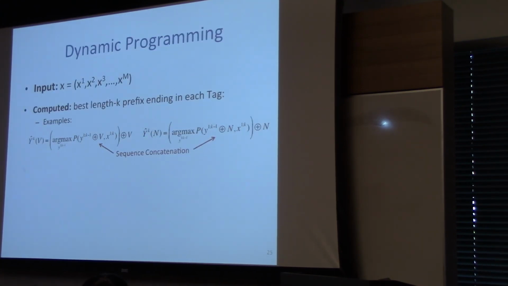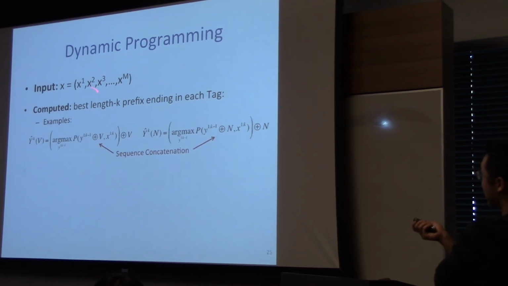So here's the dynamic programming approach. Viterbi is the specific instance of dynamic programming for hidden Markov models. Dynamic programming is just a more general name for these types of algorithms, which exploit some type of memoryless property in order to not have to explicitly enumerate all the possible solutions.